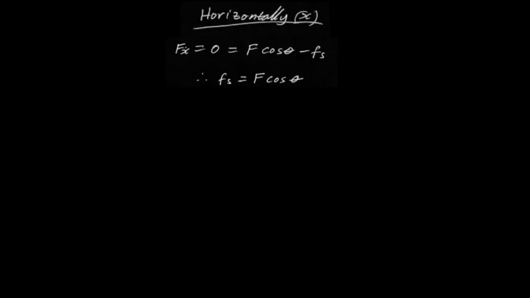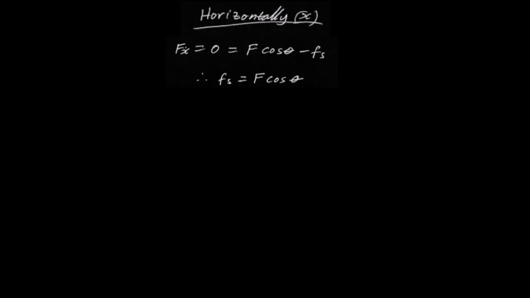Let's look at the horizontal x direction. So in the x direction, once again, Fx is equal to 0. In the x direction, we've seen this exact situation before. The force he's applying will be F cos theta, but minus Fs, the frictional force acting opposite to the block.